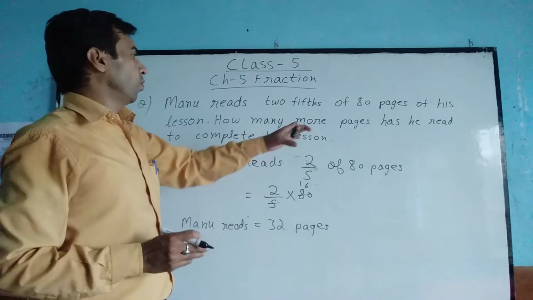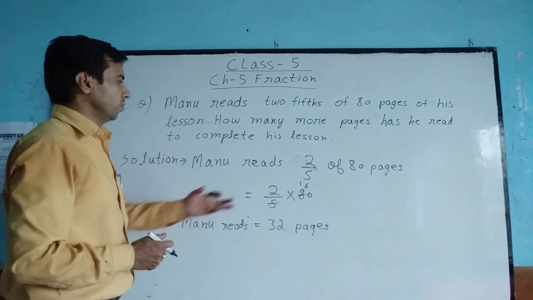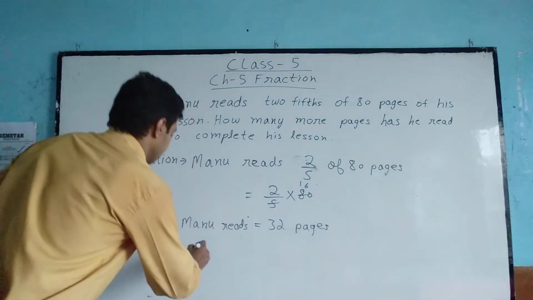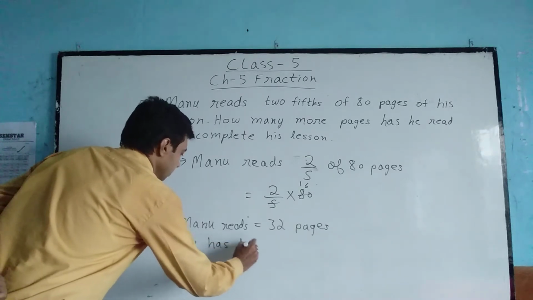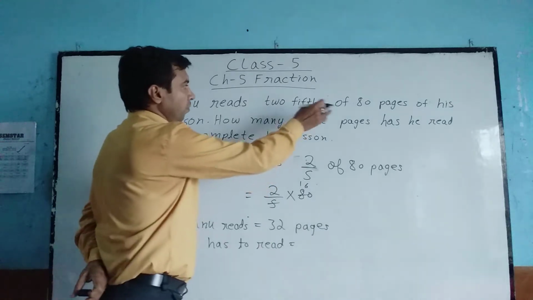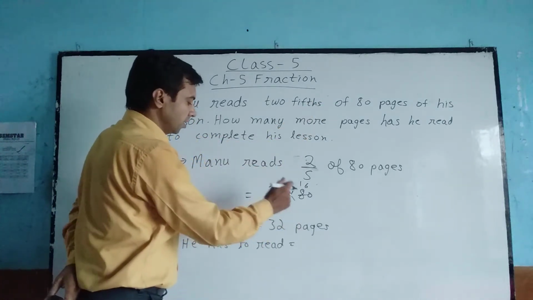How many more pages he has to read to complete his lesson? The student, what we do? We subtract. He has to read total number of pages 80, and he already has read 32 pages.